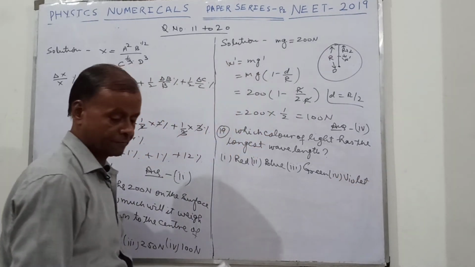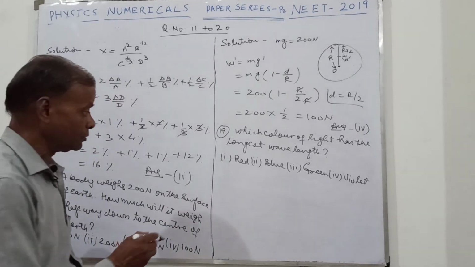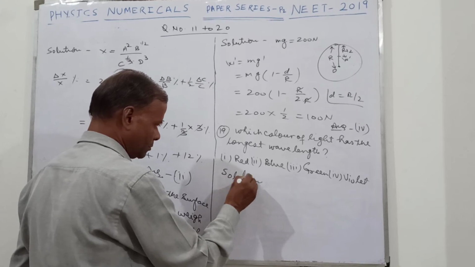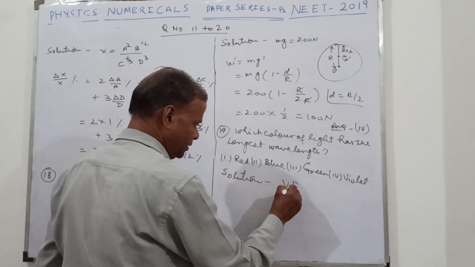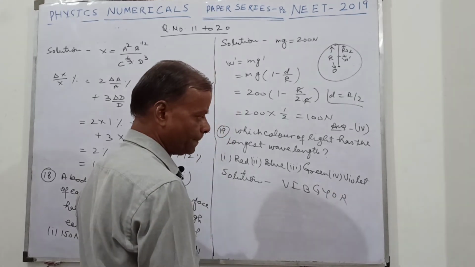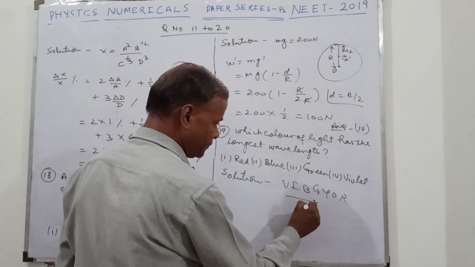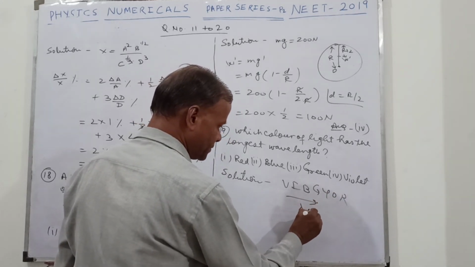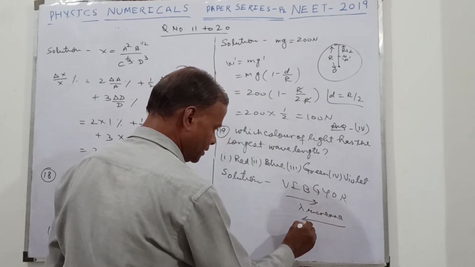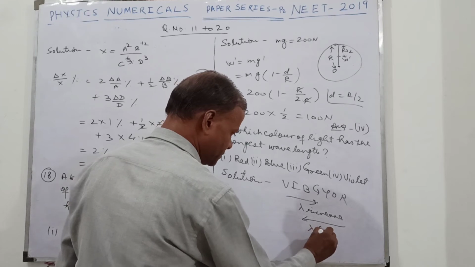Now you know about the Vibgyor. When we go in this way, the lambda increases, and when we go in this way, lambda decreases.